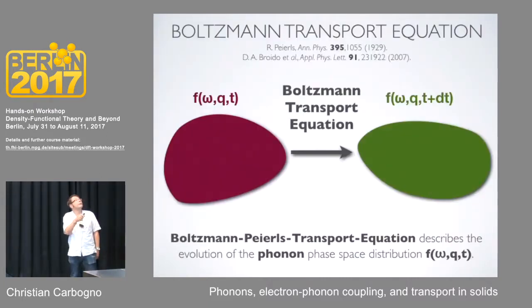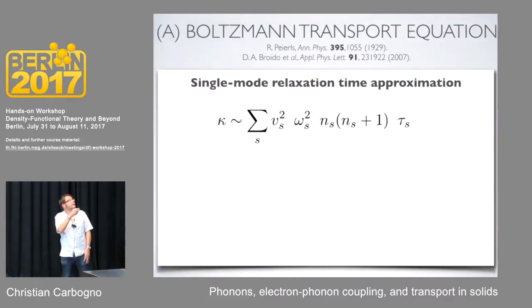I'm not going over the derivation itself, but the equation essentially describes how a phonon population evolves over time and how this changes due to scattering events. And the actual result for the thermal conductivity is quite involved to get, but it's very intuitive.